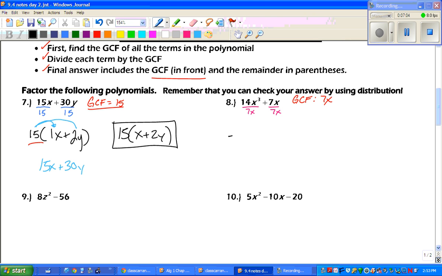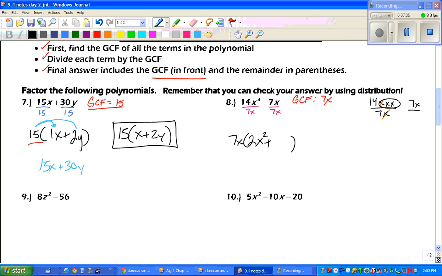So 7x goes out front. I've got a plus sign, so I'm just going to bring the plus sign down. Now, if we have 14 and 3x's and 7 over x, remember that your x's cancel out. 14 divided by 7 is 2, and we're left with x squared.